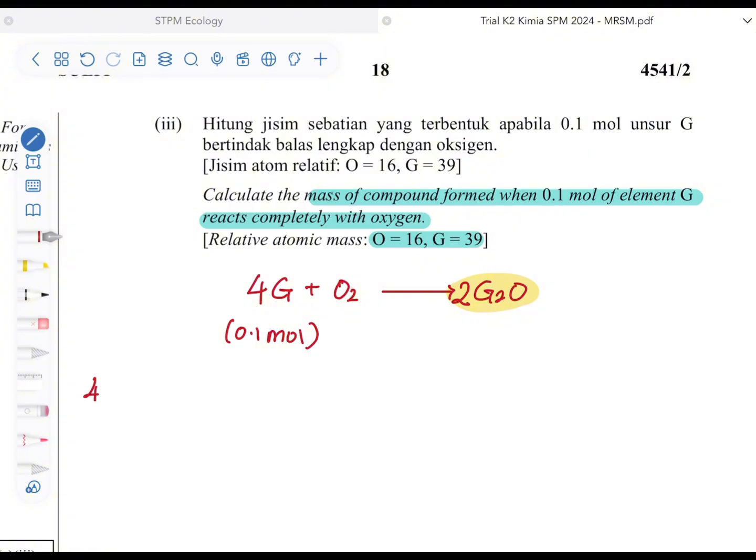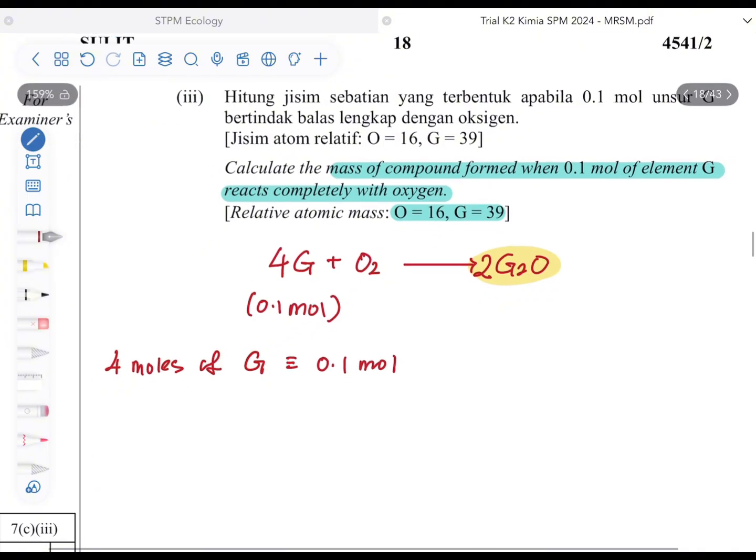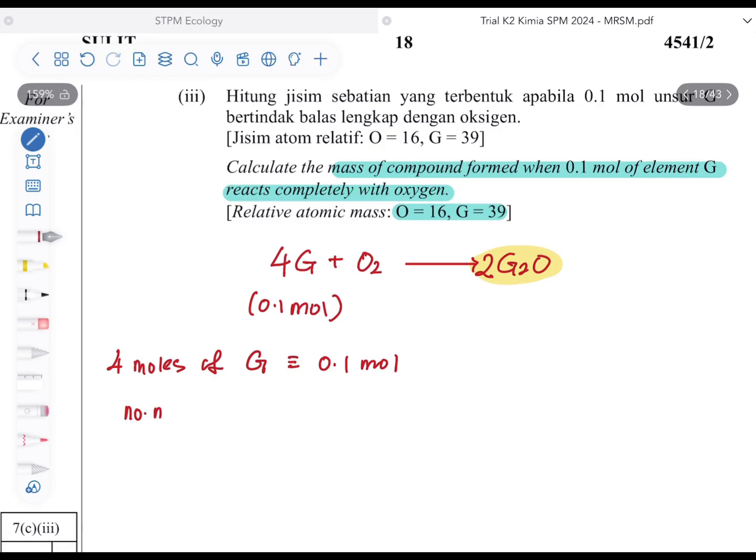According to the equation, we have 4 moles of G, equivalent to 0.1 mole, right? The coefficient of it. So the number of moles of G will be 0.1 mole divided by 4, because this coefficient 4 stands for 0.1 mole.